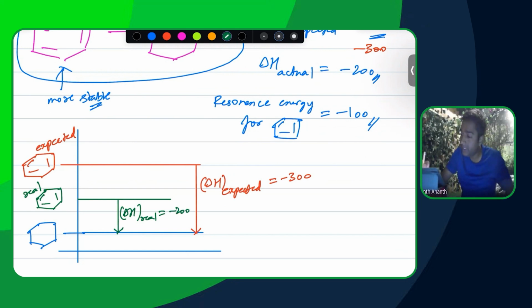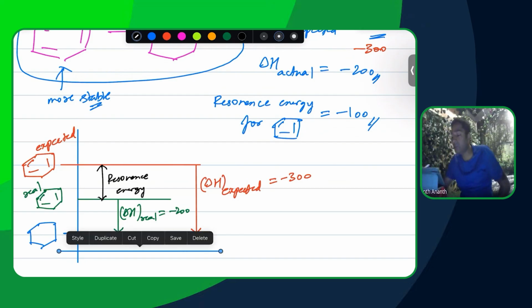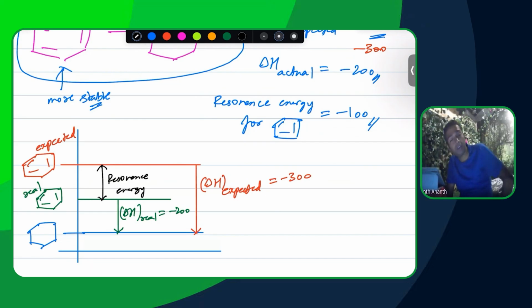So why is this difference coming here? Because benzene has resonance. This is my resonance energy. Because of resonance only, it is becoming more stable. So that's basically the idea here.